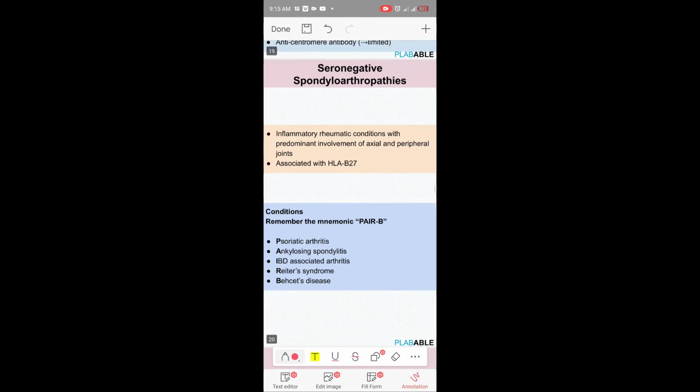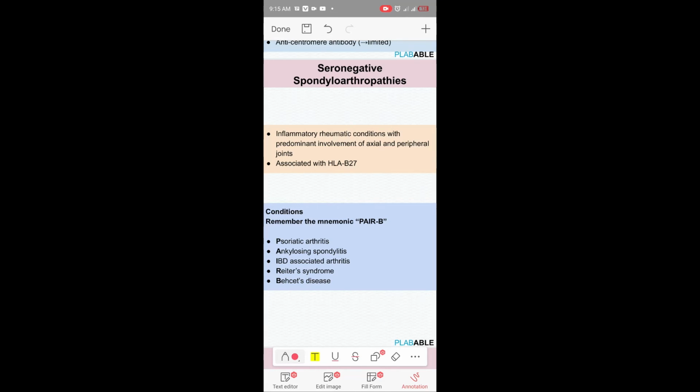So now comes the seronegative spondyloarthropathies. There are like 3-4 things over there: psoriatic arthritis, ankylosing spondylitis, reactive arthritis syndrome, Behçet's, IBD-associated arthritis. There are some specific features in these seronegative spondyloarthropathies.